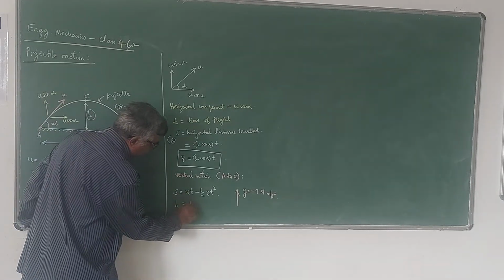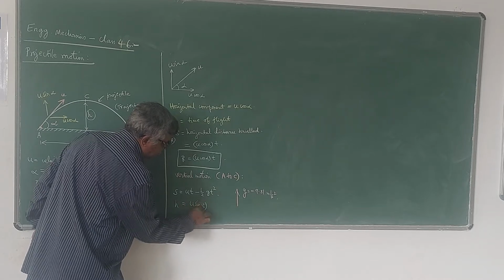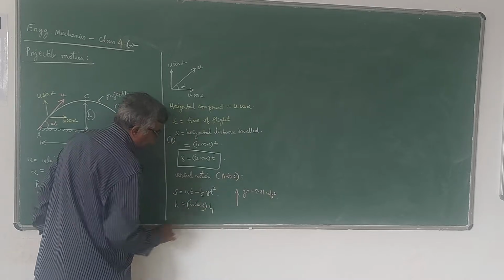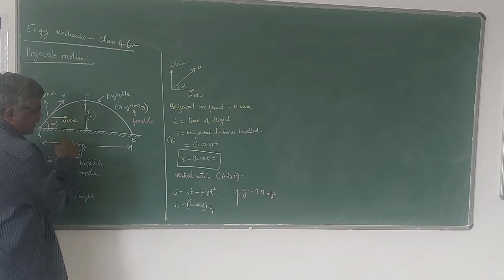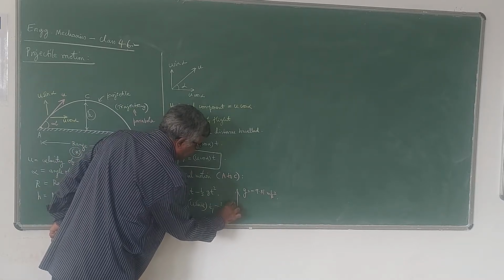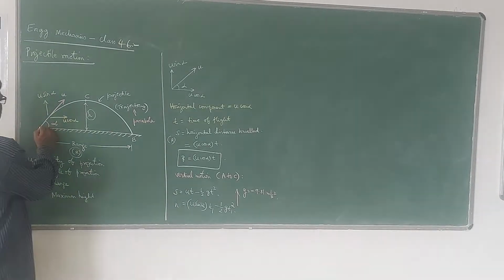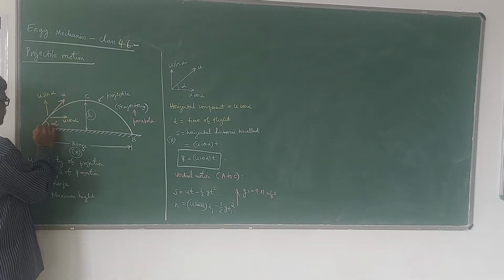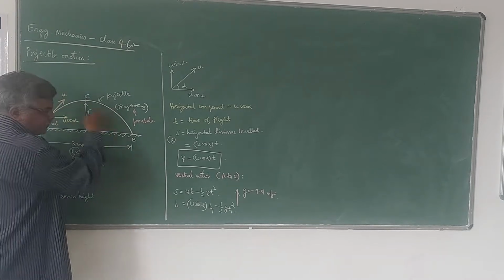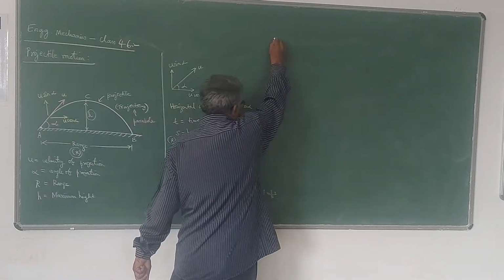So u becomes u sin alpha, because u sin alpha is the vertical component, into t1, which I will take because it is from here to here. Next, minus half into g into t1 square. Here t1 is the time taken by the projectile to travel from A to C, while t is the total time taken. So this is the vertical motion equation.